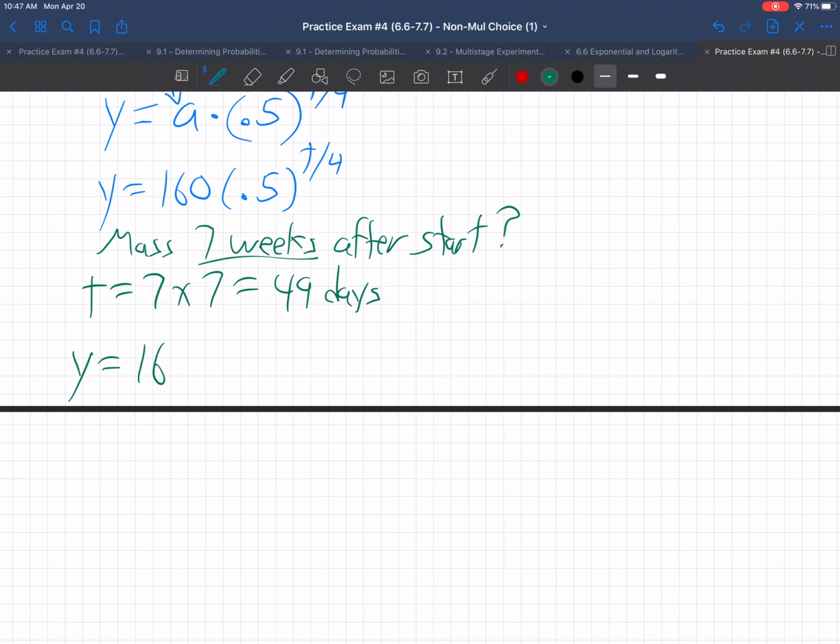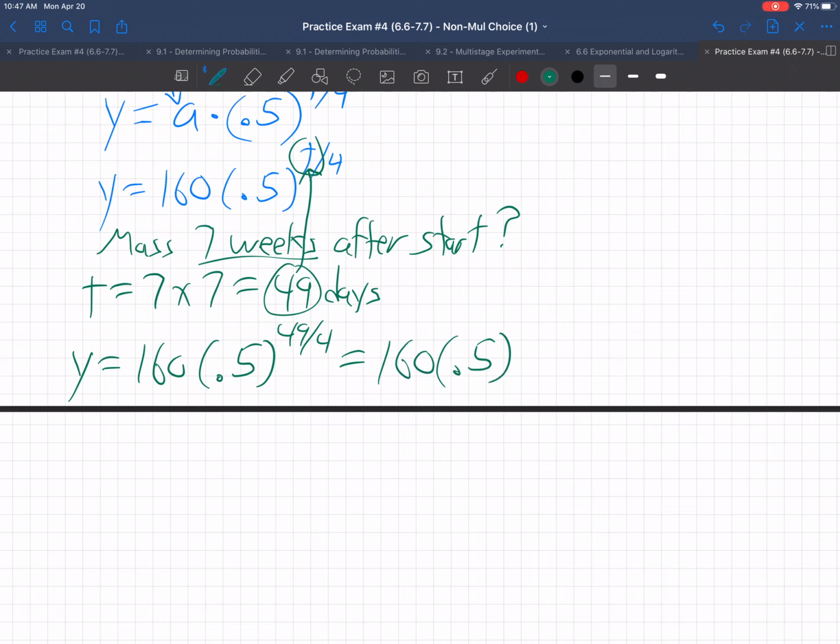y equals 160 times 0.5 to the, take that 49 and plug it in right there, 49 over 4. 49 divided by 4, I'm getting 12.25.